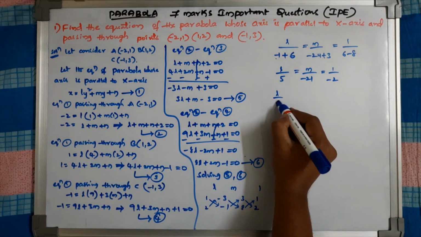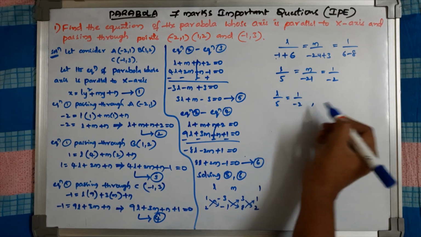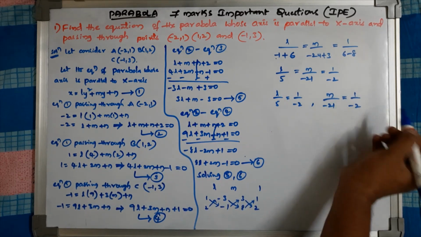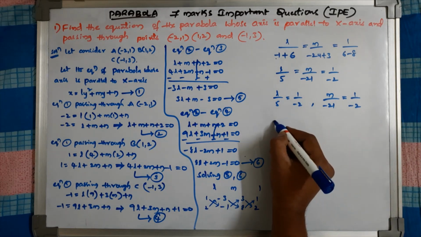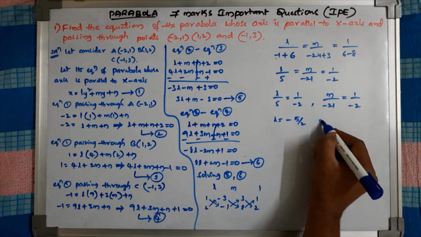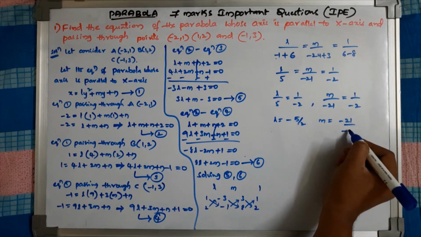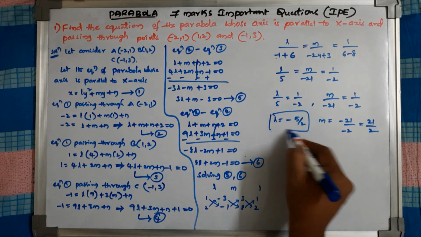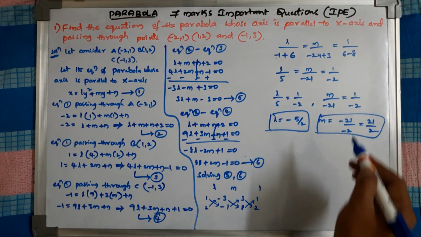L by 5 is equal to 1 by minus 2 and m by minus 21 is equal to 1 by minus 2. Take 5 here, L is equal to minus 5 by 2 and m is equal to minus 21 by minus 2, otherwise 21 by 2. These are L and m values.